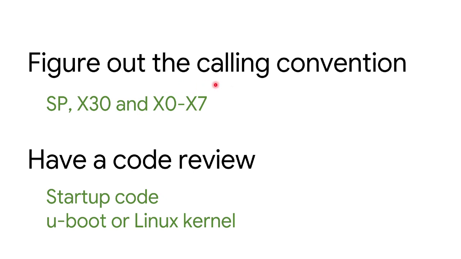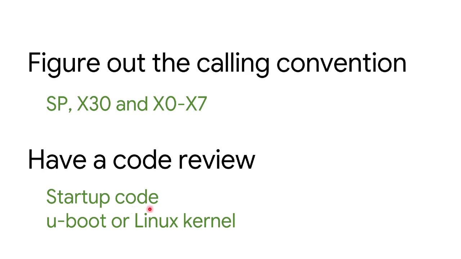Once you understand the calling convention, the next important step is to have a code review. If you refer to the starter code, you're going to see that the necessary system registers are configured, such as the VBAR_EL1 register and the TTBR_EL1 register.